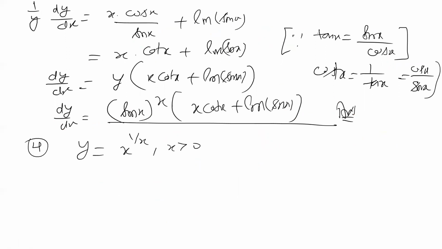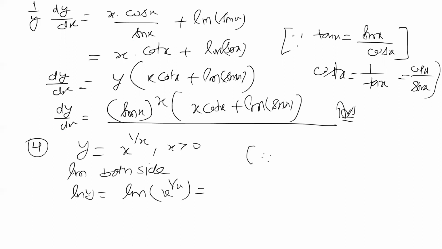So y is equal to x power 1 by x, then what is the rule? We have to take natural log both sides. Then ln y is equal to ln x power 1 by x.